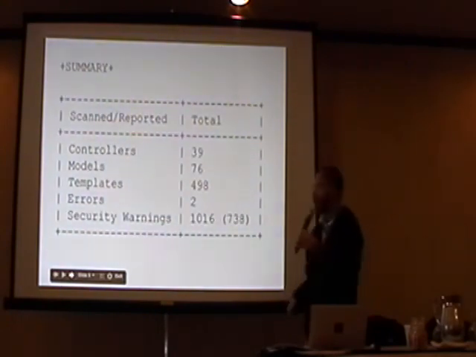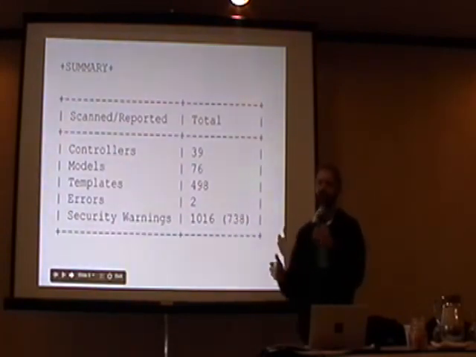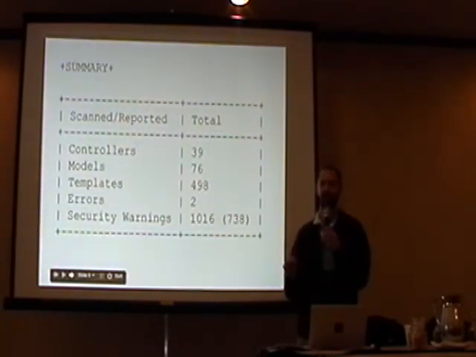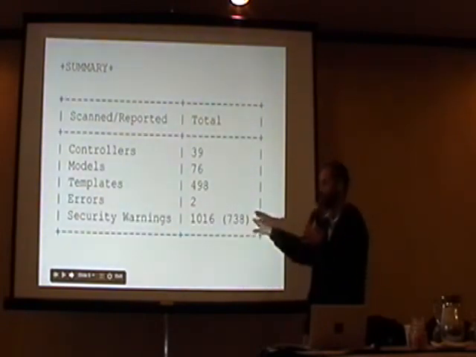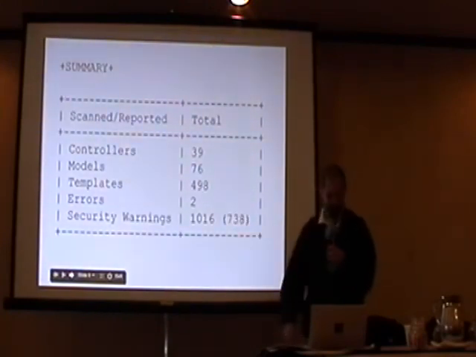If you're dropped into an app and you run it and you're getting over 1,000 security warnings, you kind of have an idea, oh man, I'm not sure what I'm dealing with here. There's probably some core security thing that the developers are missing, right? Maybe they don't know they're supposed to escape output, or who knows. But there's something missing, and it's going to point you in the right direction.